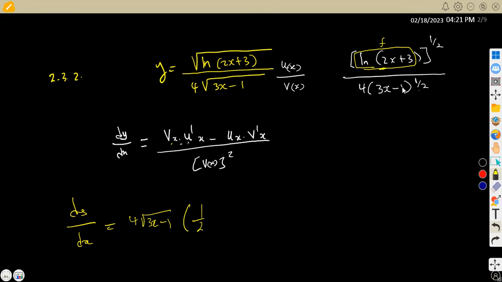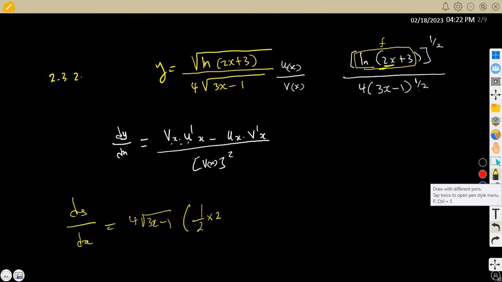Then if we check from the ln, it was f'(x) over f(x). We have the derivative of 2x inside here, which is going to be 2, so this is 2 over 2x. Then we move on to the whole function consisting of the ln, where we've got 1 over 2.